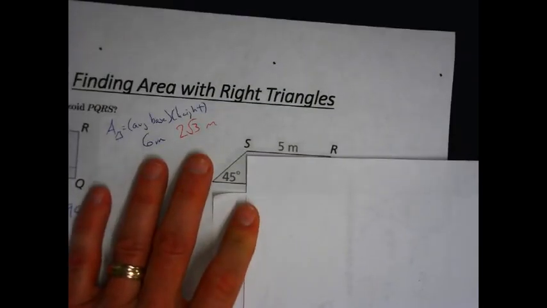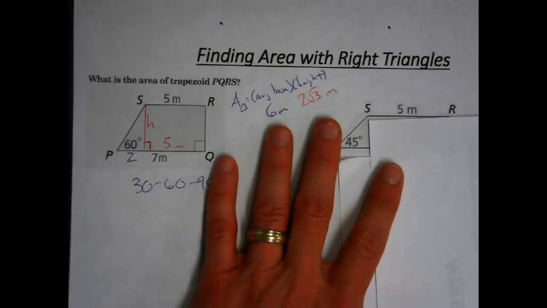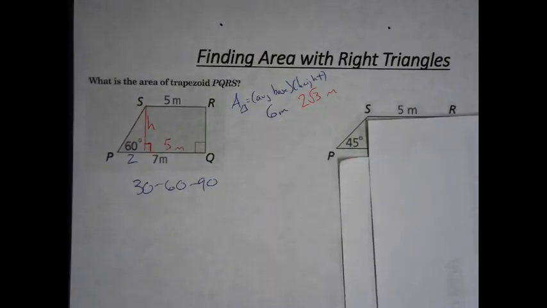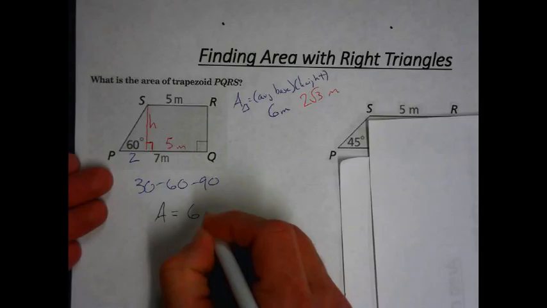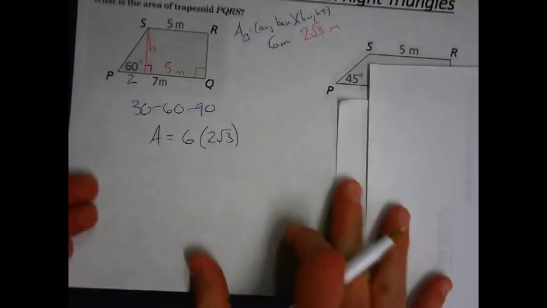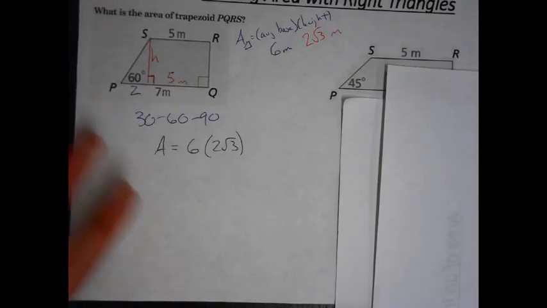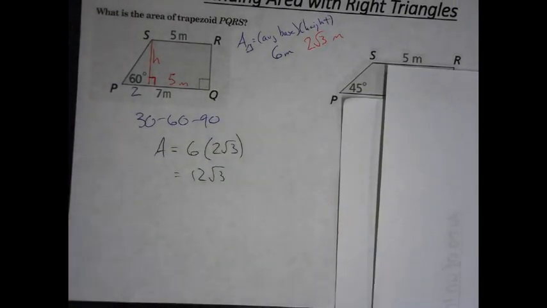Okay, so that gives us the height. So of course the area then is the average base times the height. So in this case, the area would be 6 times 2 times the square root of 3. 6 times 2 is 12, times the square root of 3. So it's 12 times the square root of 3.